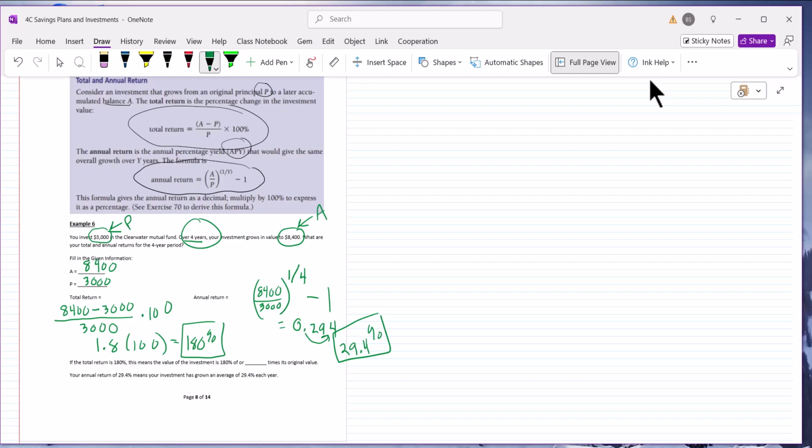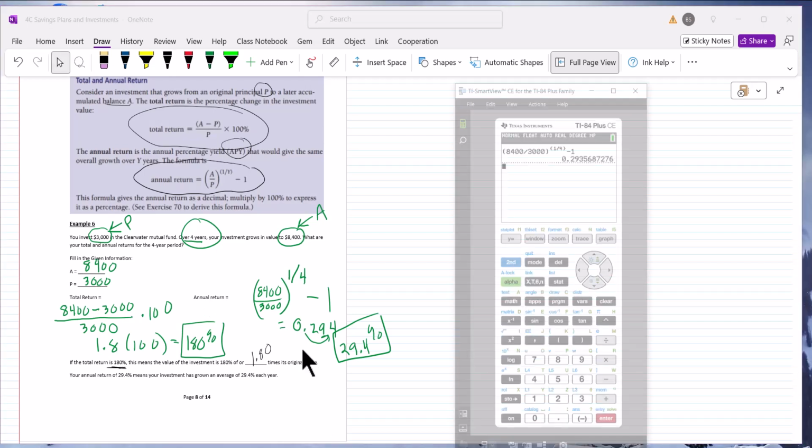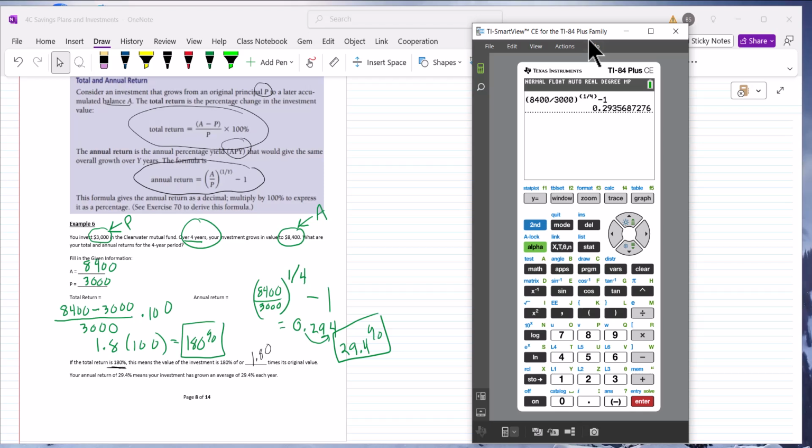A couple of things I want to mention to finish this up. If the total return is 180%, that means it's 1.80 times its original value. Let me show you on your calculator what this really means.